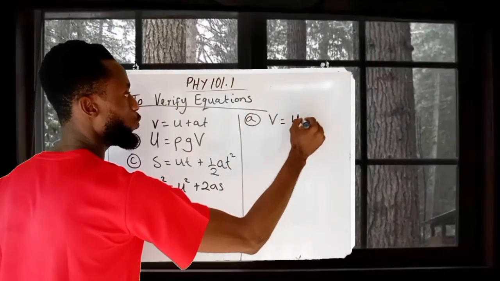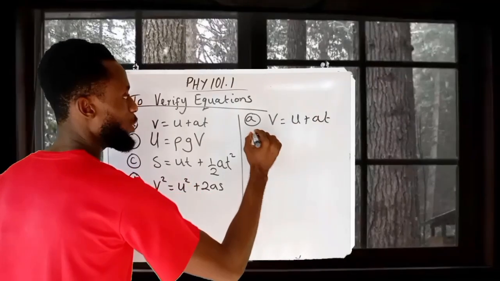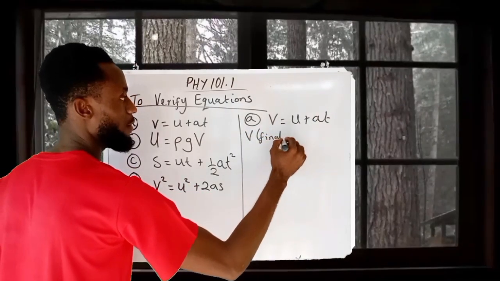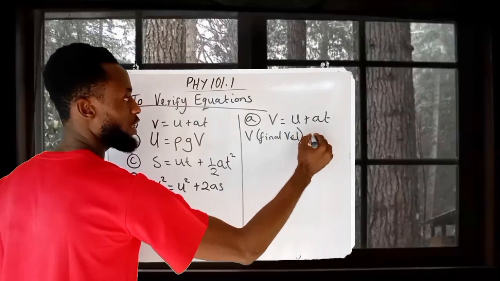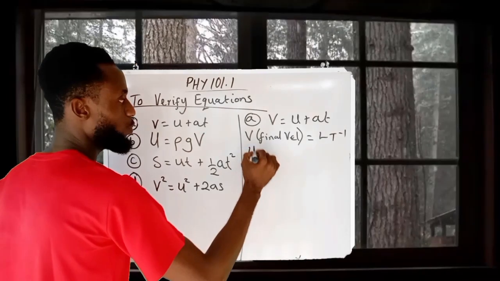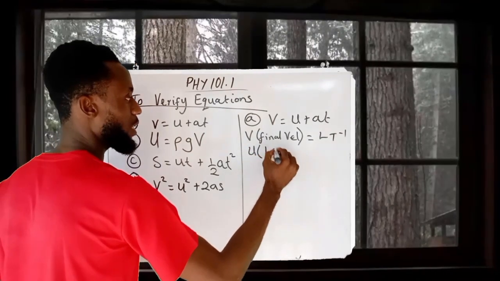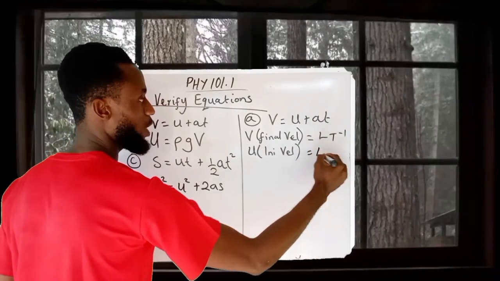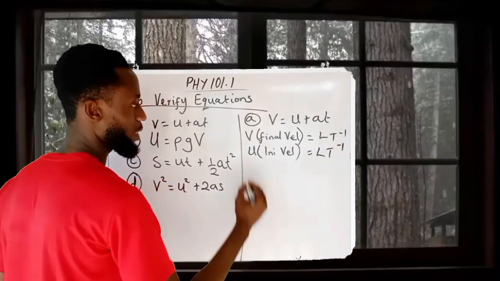V equals U plus AT. We know that V, which means final velocity, is just LT^-1. U, which means initial velocity, dimensionally is also LT^-1.